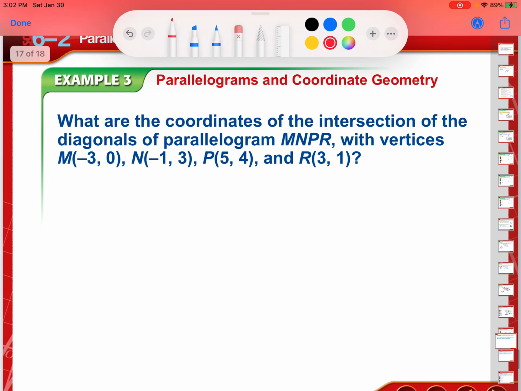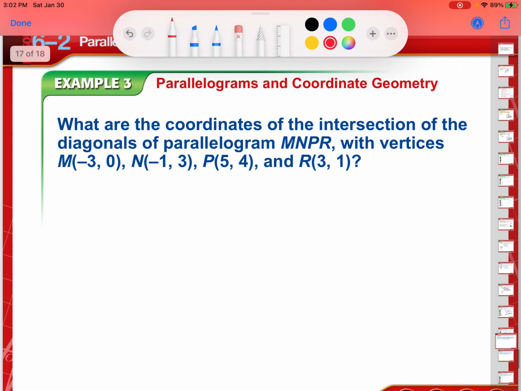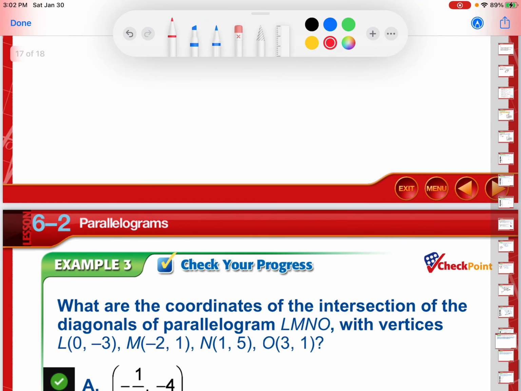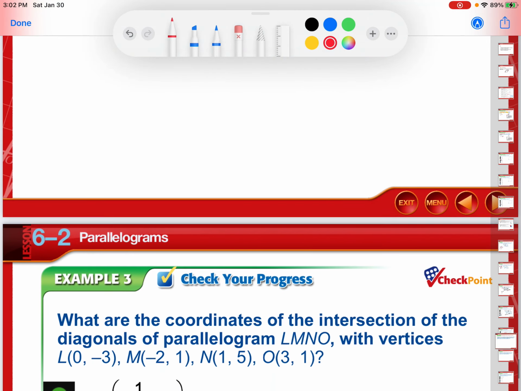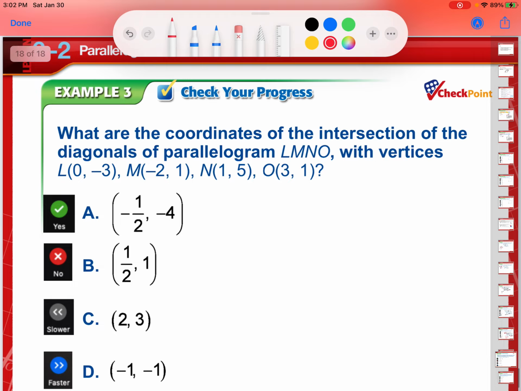What are the coordinates of the intersection of the diagonals of parallelogram MNPR with the given vertices? These are different problems.